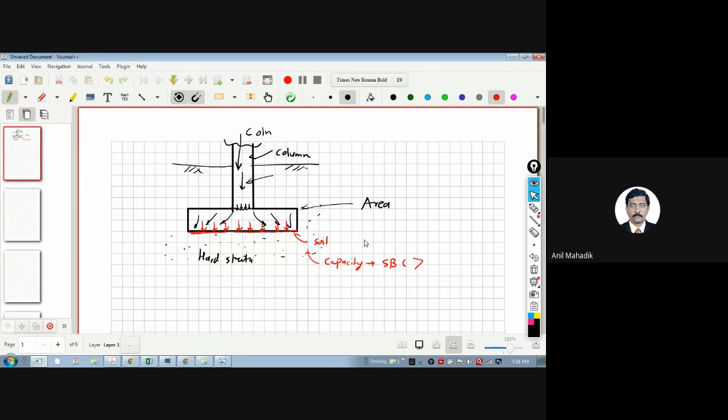For these actual stresses, we use the word bearing pressure. Whatever bearing pressure is coming from the superstructure, column and footing, it should be less than the soil bearing capacity. That means SBC should be more. So what we need to do is calculate the actual stresses.